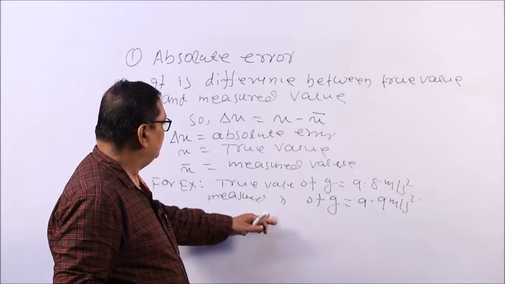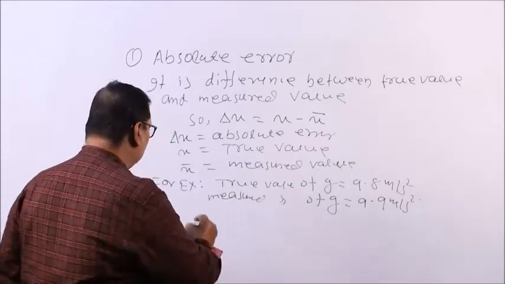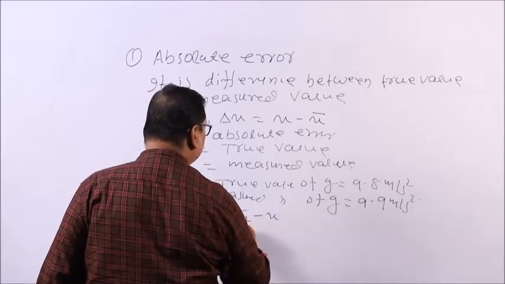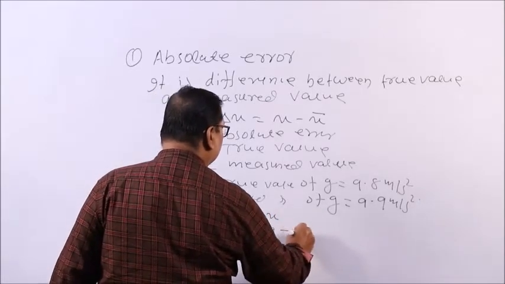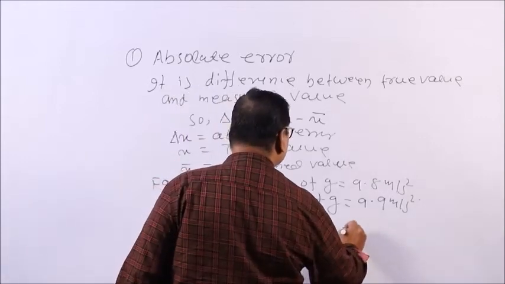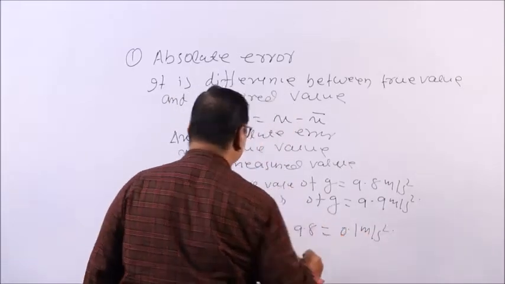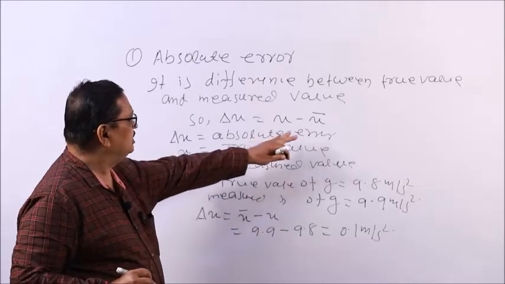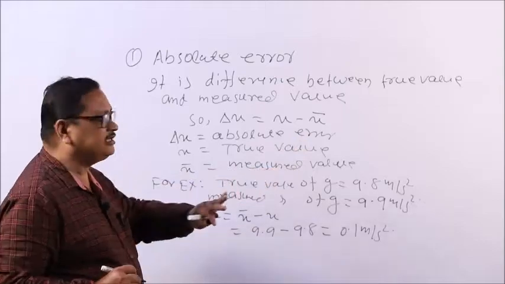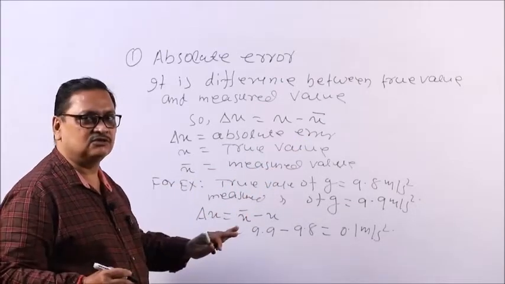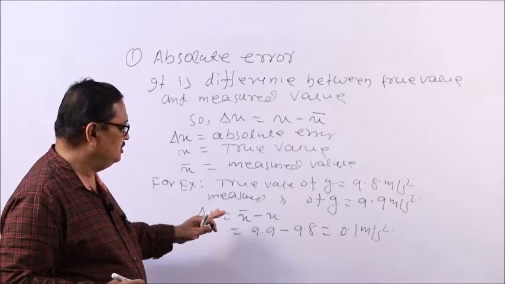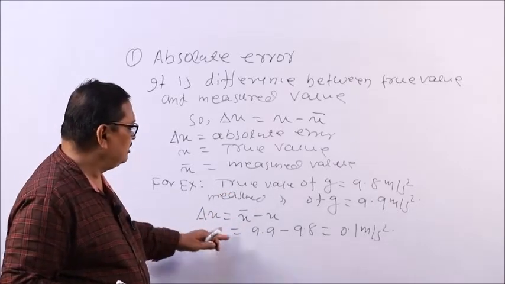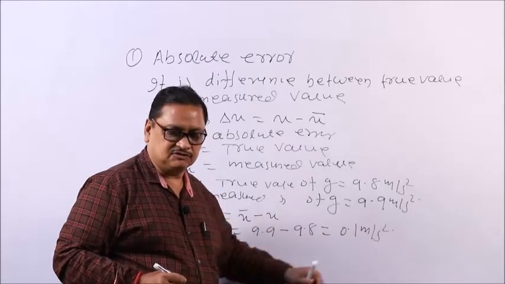Here the measured value is greater than the true value. So, what will be the absolute error? Delta x equals x bar minus x, that is 9.9 minus 9.8, which is 0.1 meter per second square. If the measured value is greater than the true value, you can interchange and take x bar minus x, because error cannot be negative. So, the absolute error is 0.1 meter per second square.